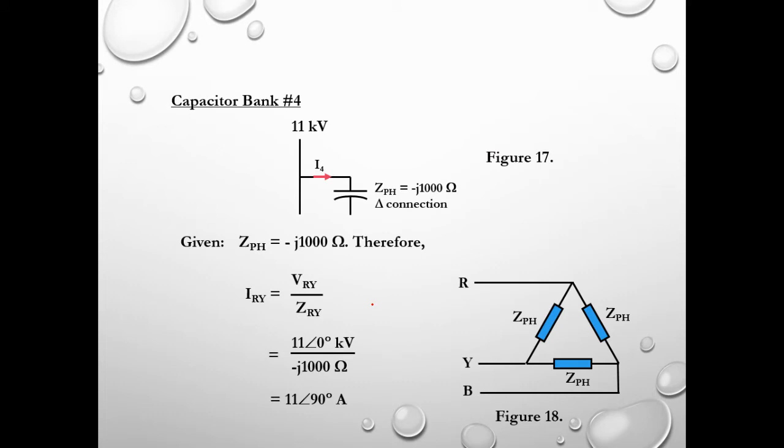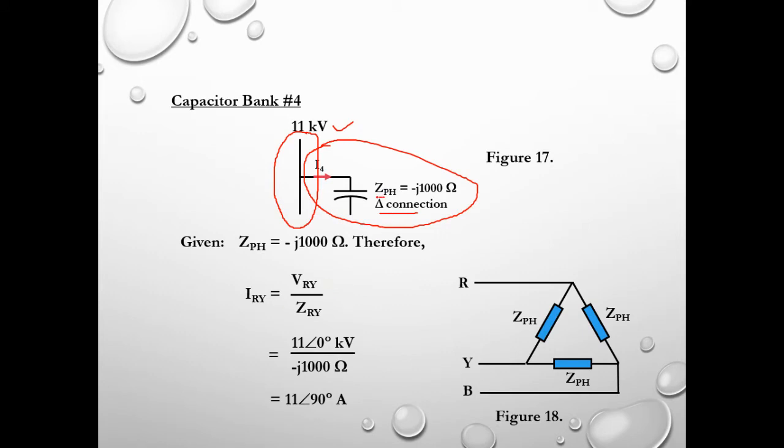And then the fourth part, or part number 4, comprises the phase impedance Z, which is minus j1000 ohm with delta connection. And then we have again the line voltage of the bus bar over here, 11 kV, and therefore IRY.